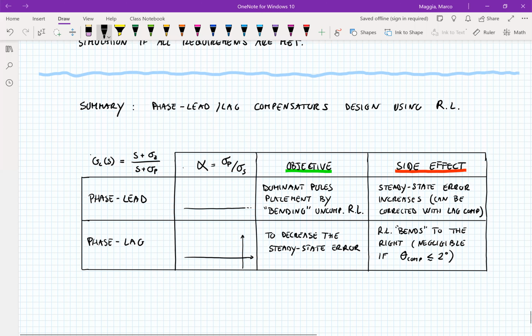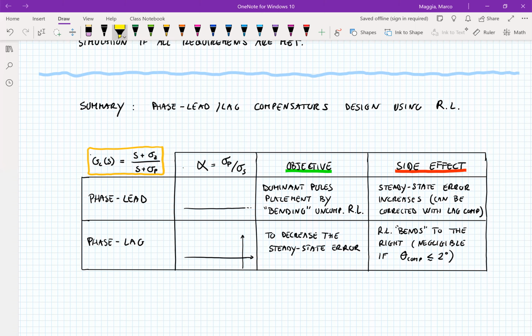All right, so now a brief summary of both the lead compensator and the lag compensator design using the root locus. So we have that for both lead and lag compensator, their transfer function is s plus sigma z over s plus sigma p. In other words, we're introducing one real zero and one real pole.